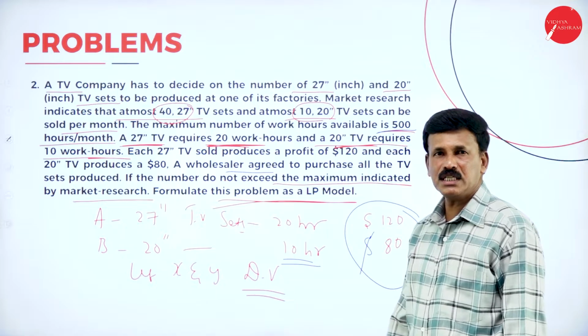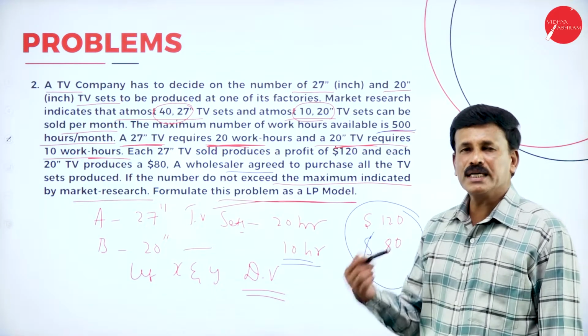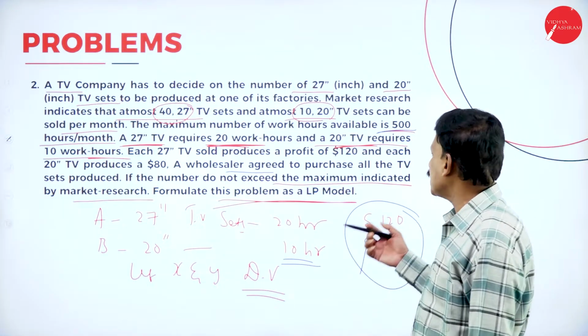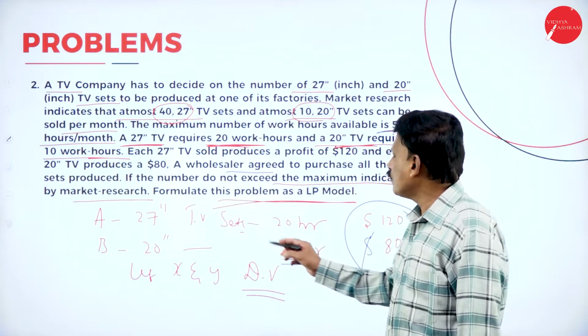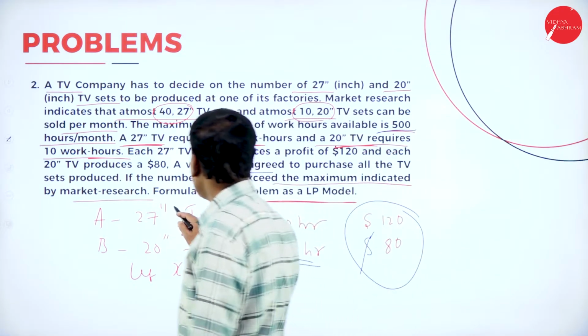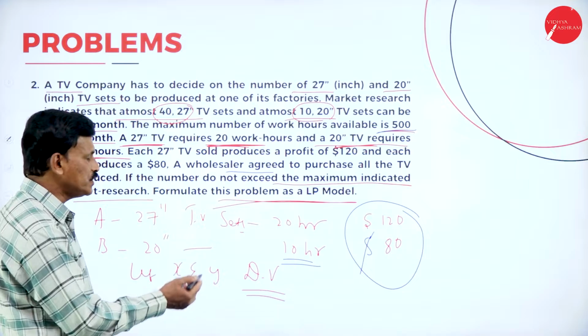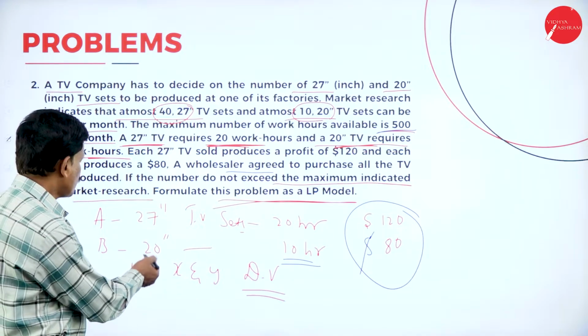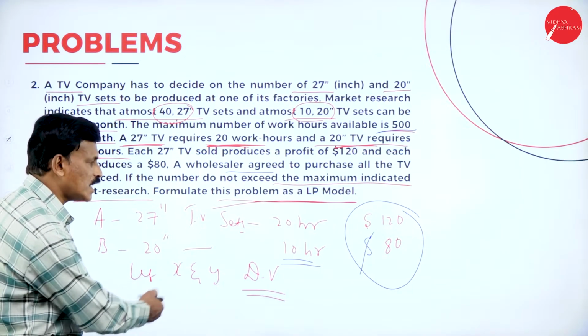Formulate the LPP. Very simple problem. Let us define the decision variables as X and Y: for product A, the 27-inch TV, it is X, and for product B, the 20-inch TV, it is Y.